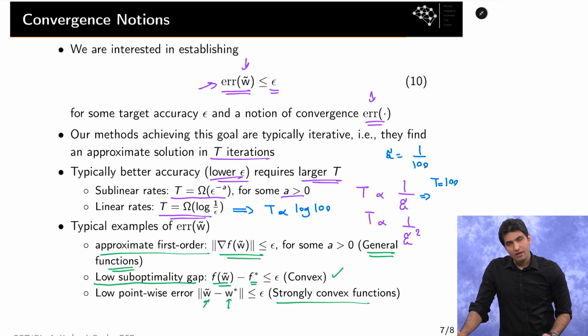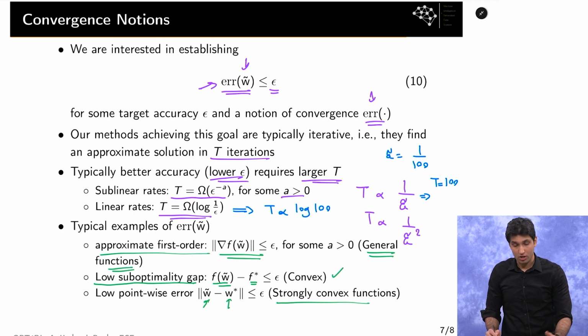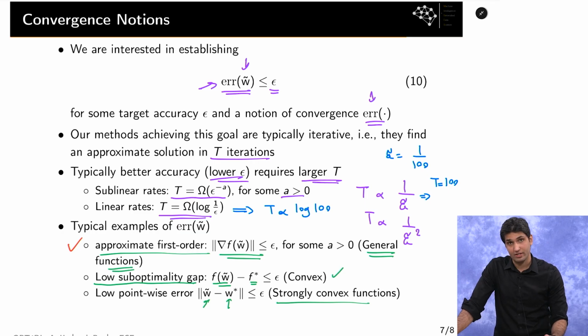So we're going to deal with some of these notions in this course, but for the most part, because we are talking about non-convex functions, this is the convergence criterion that we're going to pay a lot more attention to.